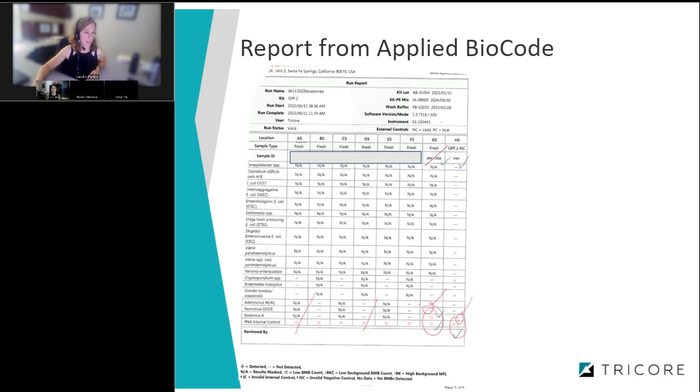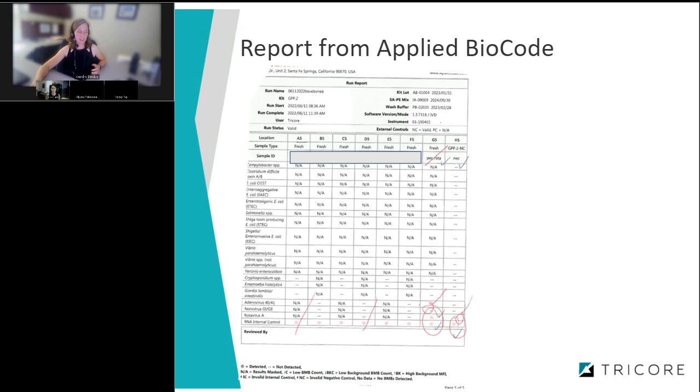Here you can see the Crypto, E. histolytica, and Giardia have been ordered for this patient, plus the internal control value. And for this patient, it's the GI viral panel that was ordered. So you can see the Adenovirus 40/41, Norovirus G1, G2, and Rotavirus A as the pathogens that are being detected.